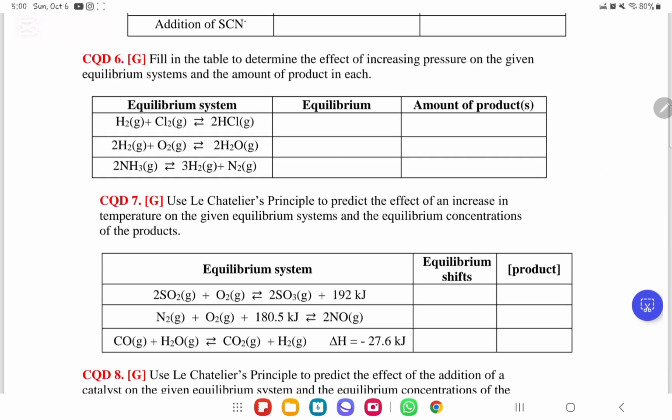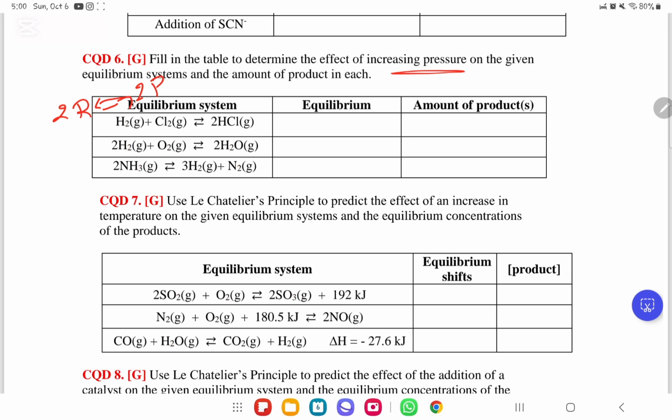CQD number 6. They're telling us, fill in the table to determine the effect of increasing pressure on the given equilibrium systems. Okay, what do we do whenever we have a case like this? Alright, we're going to count the number of gases in the reactants and the number of gases in the products. So here we have 2 in the reactants, gives us 2 in the products.